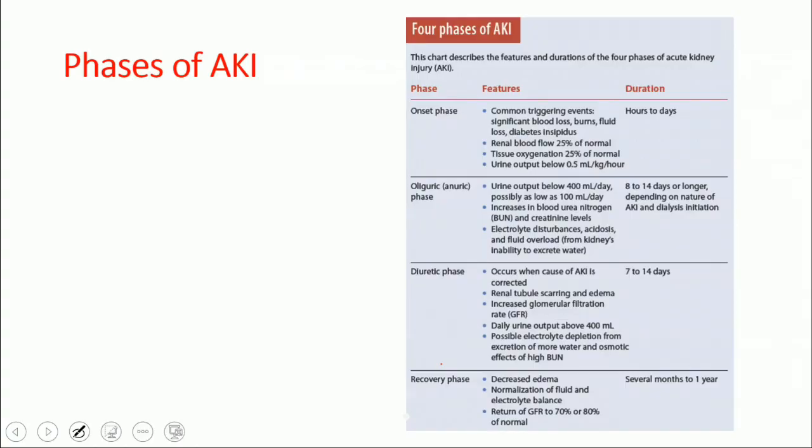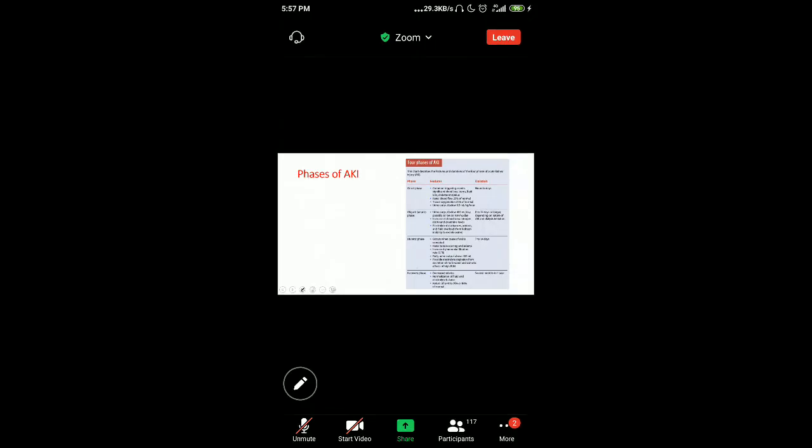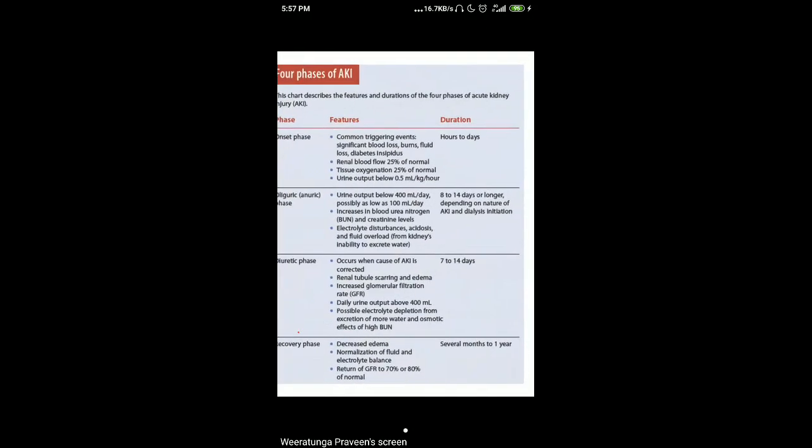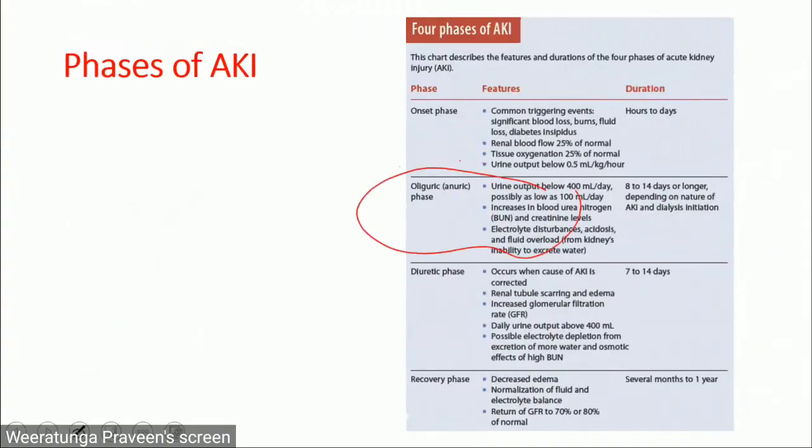And this is especially the case in patients with ATN, acute tubular necrosis. Acute tubular necrosis, you see it going through several phases. Now, the patient comes to you in this phase most of the time, which is the oliguric or anuric phase, which everybody is familiar with.